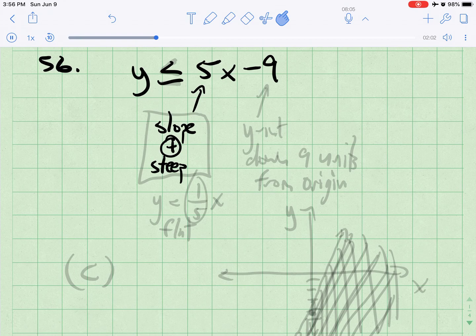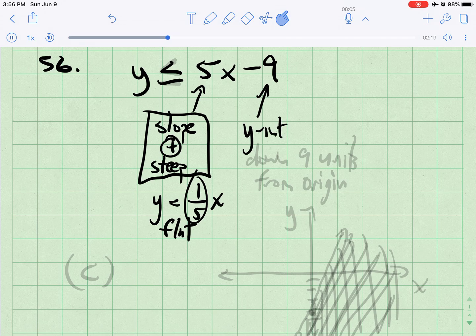Like if I were to say y equals 1/5 x, I would say this is flat because of the fraction, right? But what we have for this one is a steep positive slope, and then the y-intercept is down 9 units from origin.